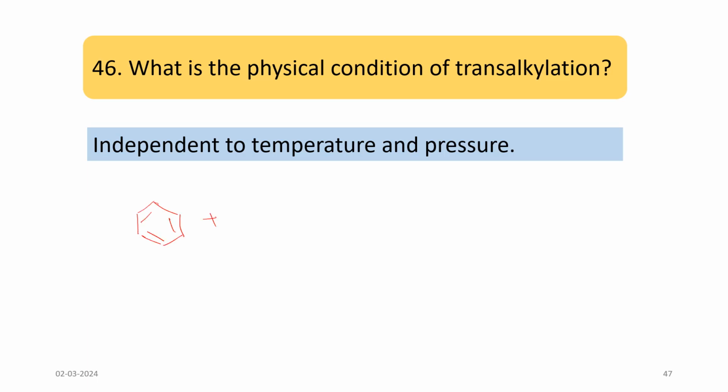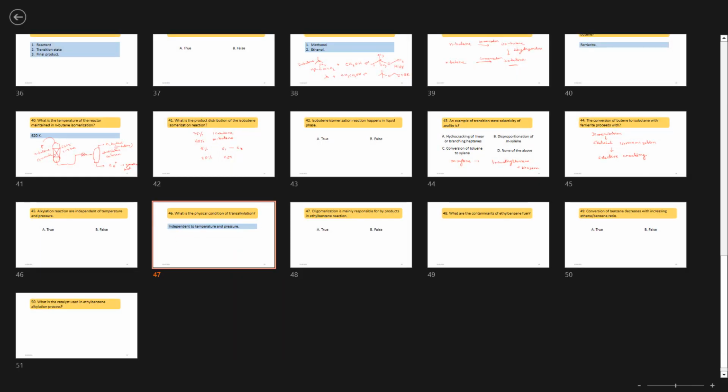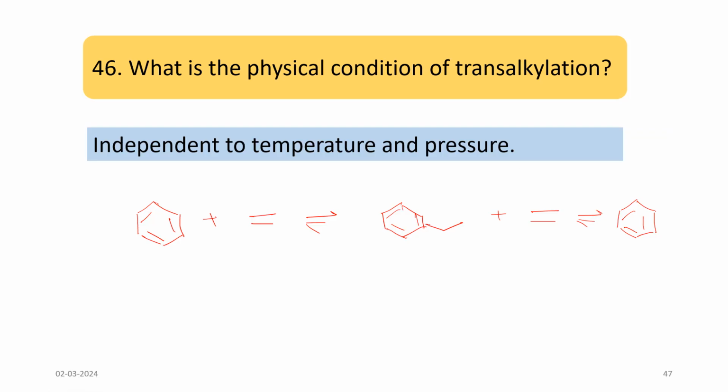Benzene reacts with ethene, produces ethylbenzene. Then it again reacts with ethene, produces diethylbenzene, and if more ethene gets added to this benzene or ethylbenzene, it will produce polyethylbenzene.